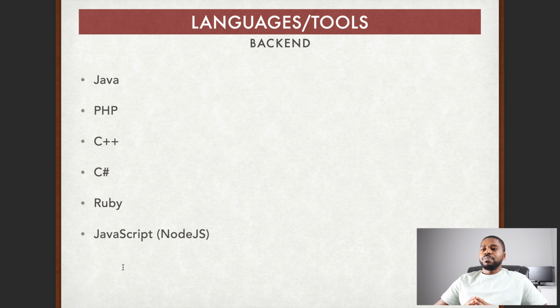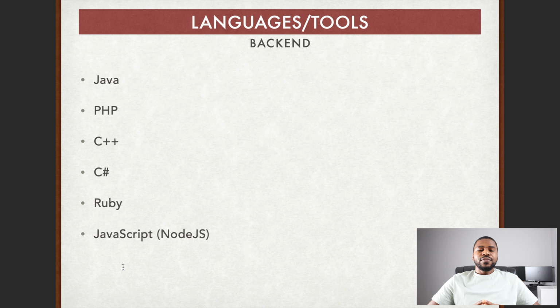So going into backend development, you have Java that's primarily used for enterprise applications. PHP that's used a lot, especially in WordPress development and templates. You have backend languages such as C++, C Sharp, Ruby, and there are a lot more backend languages.